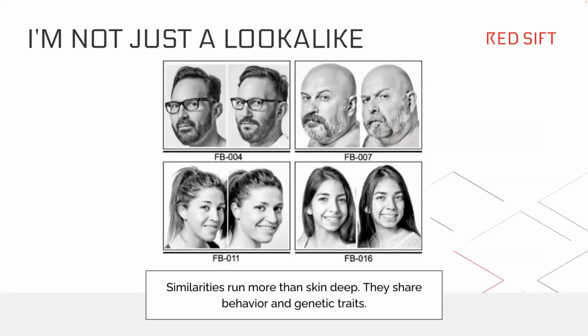So one of the things that I've learned in researching doppelgangers is it's not just about looking alike. There are obviously similarities there. But what's really important are some of the underlying behavior, genetic traits, and other things that also come along with it, so that someone doesn't just look like someone, but they act like it.